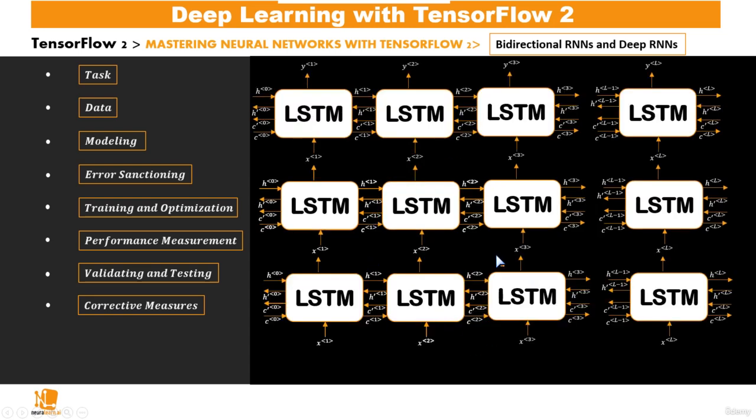Then the other type of recurrent neural network is the deep RNN. In this case, we've used the bidirectional to explain the deep RNNs, but we could also use simple RNNs, like the simple GRU, which is not bidirectional, to explain this. The deep RNN, as we can see clearly from here, is obtained by stacking RNNs on top of each other.